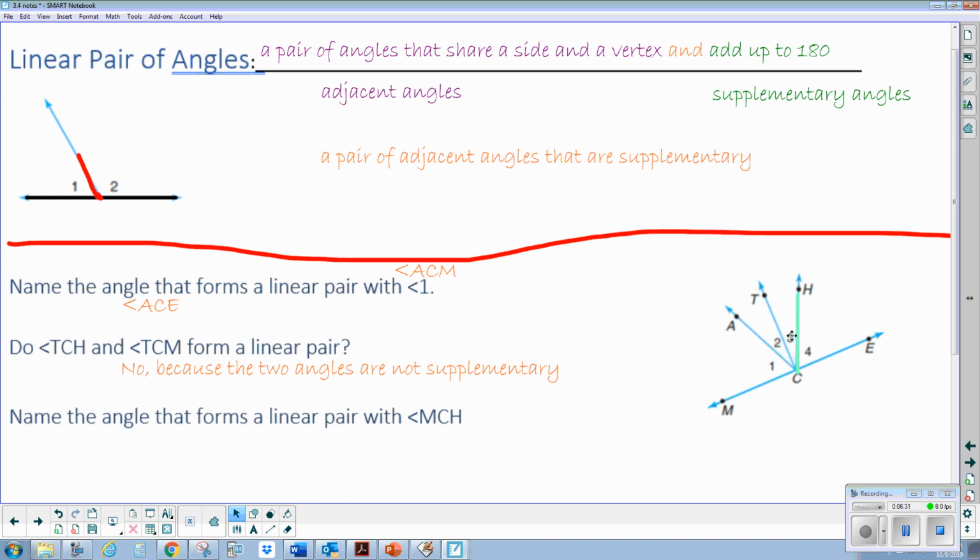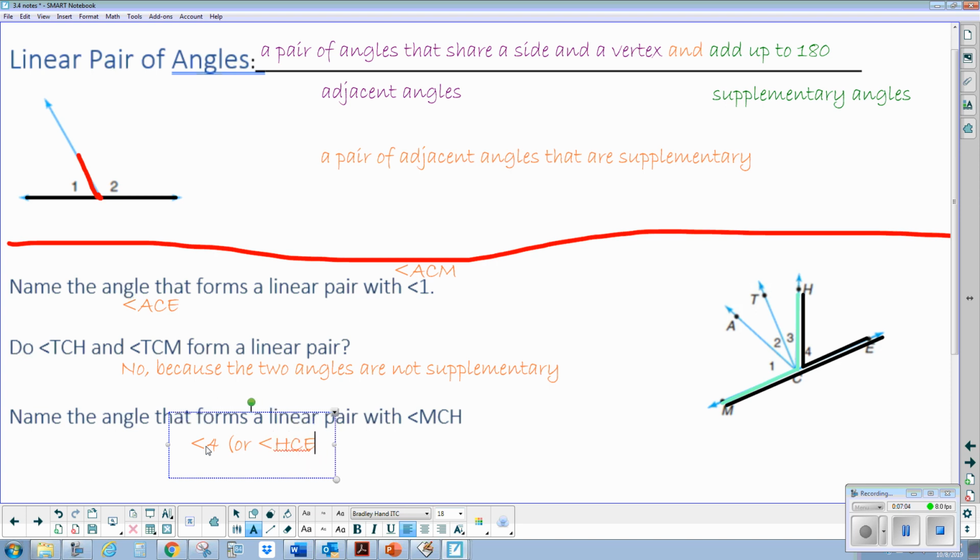Then let's look at the last question. It says name the angle that forms a linear pair with MCH. Here's angle MCH. We want a linear pair, so we want this straight line right here. So that's angle 4, or you could also say angle HCE, or you could also call it angle ECH. It's all the same angle.